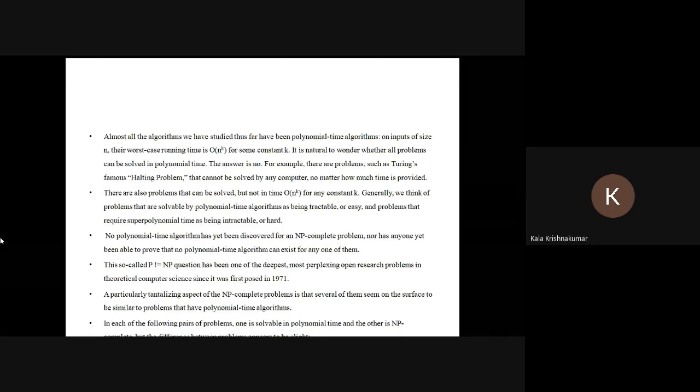No polynomial time algorithm has been discovered for an NP-complete problem. There is another class; we will define this term, NP-complete problem. But before that, we do not know a polynomial algorithm for an NP-complete problem, nor has anyone yet been able to prove that no polynomial time algorithm can exist for any one of them.